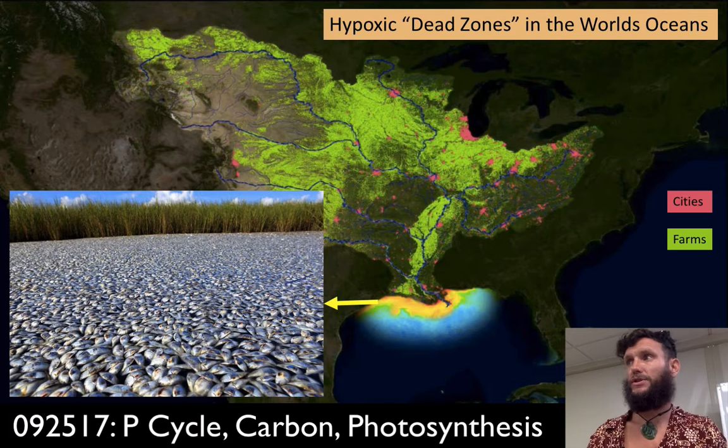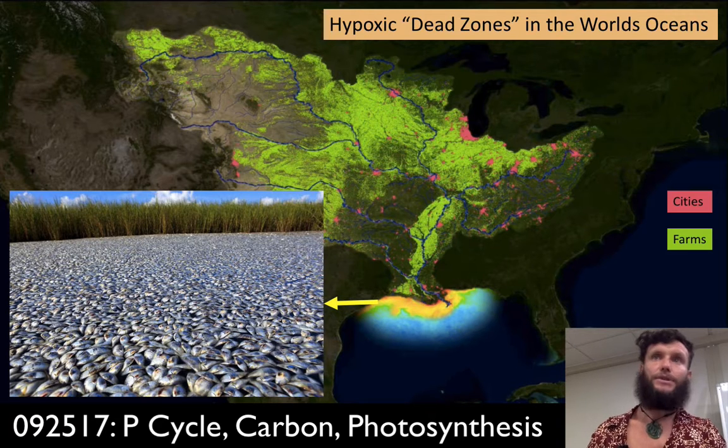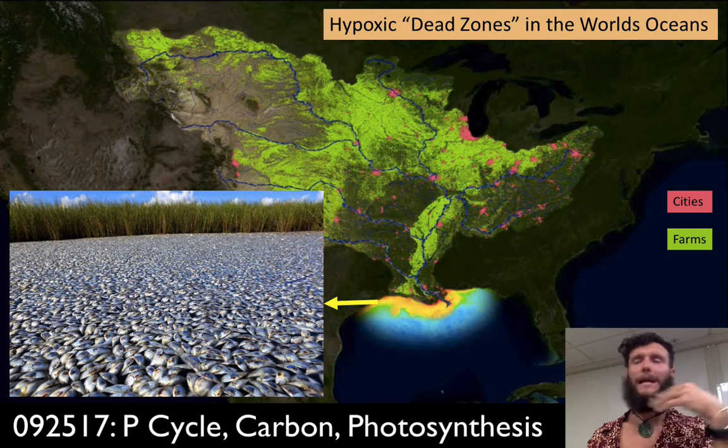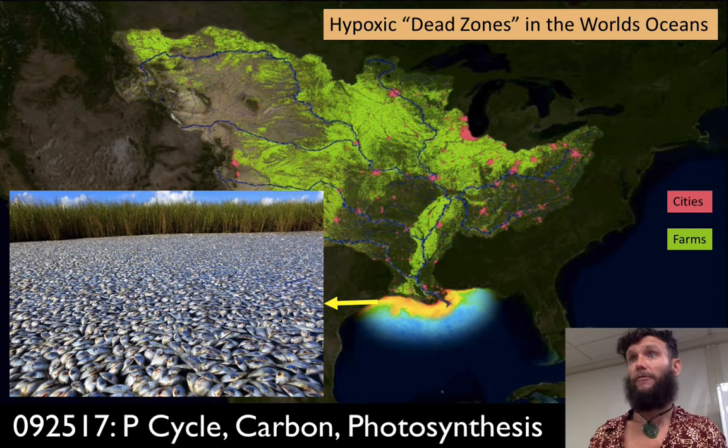The oxygen levels crash, and fish die. And a farmer up in Iowa may not be thinking about how choices they're making in terms of fertilizer application and phosphorus load that they're putting on the land is going to impact the livelihood of a fisherman, for example, who's living 1,000 miles away or more down in Louisiana. But it is all connected.